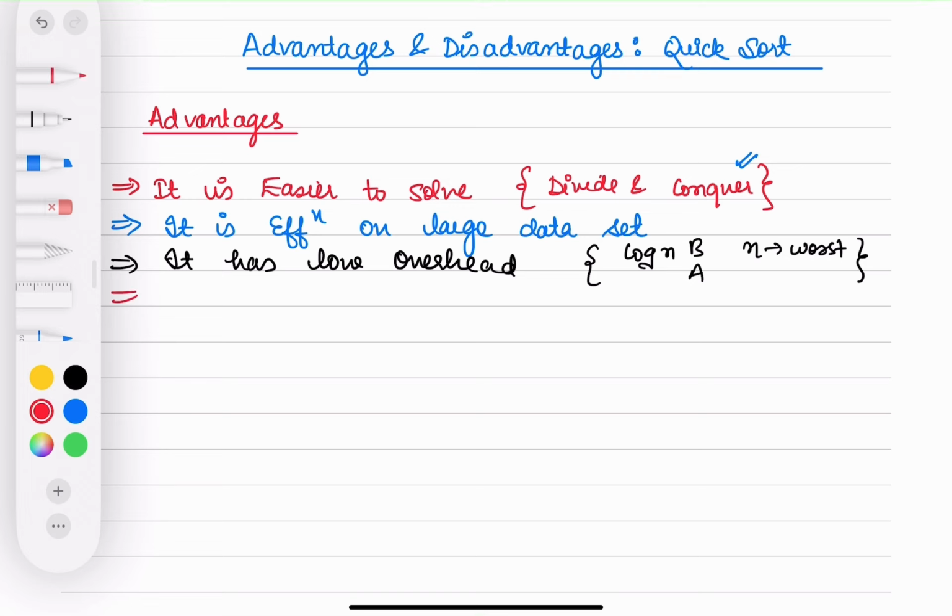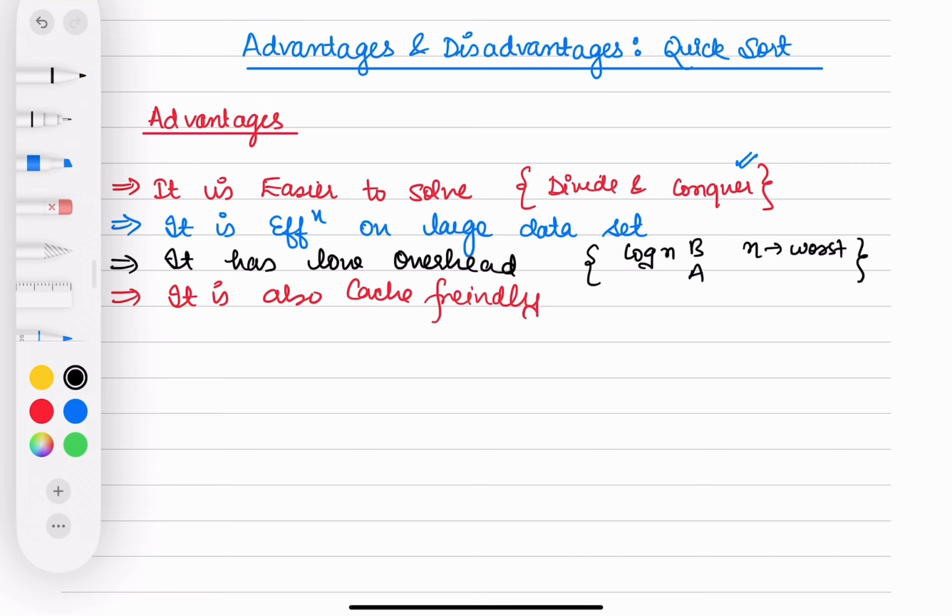Then it is also cache friendly. Why is it cache friendly? As we work on the same array to sort and do not copy data to any auxiliary array.